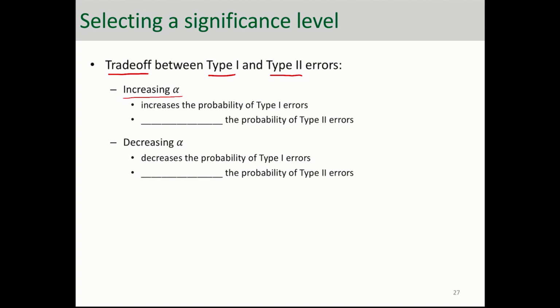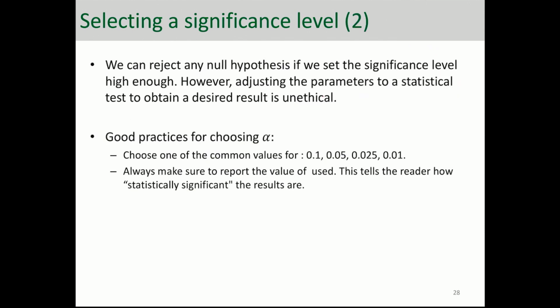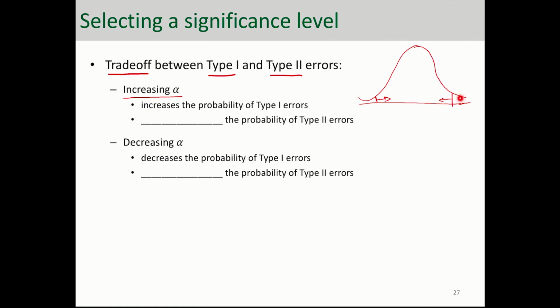If we increase our alpha, what are we really doing? We're moving in this direction for the critical region. We are increasing the area of rejection. We're increasing the probability of type 1 error, essentially.